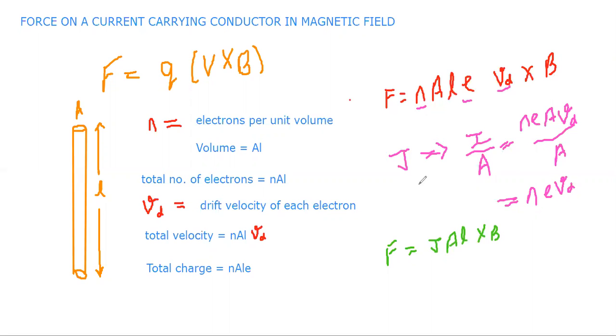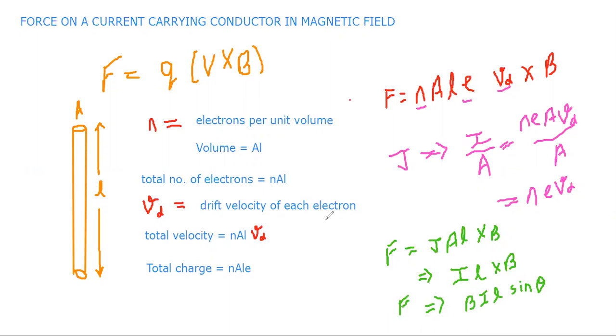Now if you see this formula again, J into A would be equal to I. So this JA can be replaced by I. The formula becomes I L cross B, or you can open the cross product in terms of sine theta: B I L sin theta. So the force on a current carrying conductor in a magnetic field is equal to BIL sin theta.